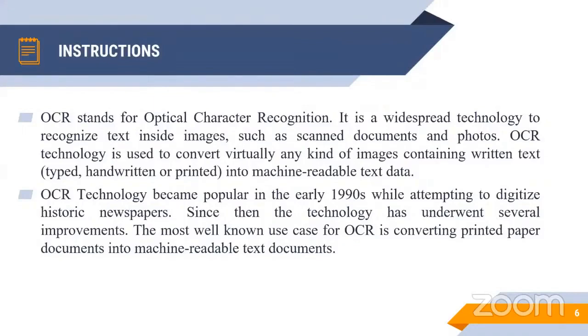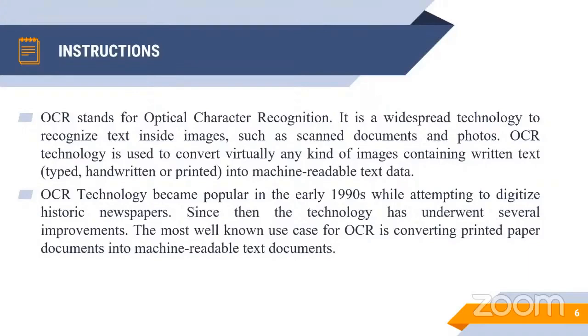OCR technology is used to convert virtually any kind of image containing written text into machine-readable text data, whether the written text is in typed format, printed format, or handwritten format. This is called OCR technology.